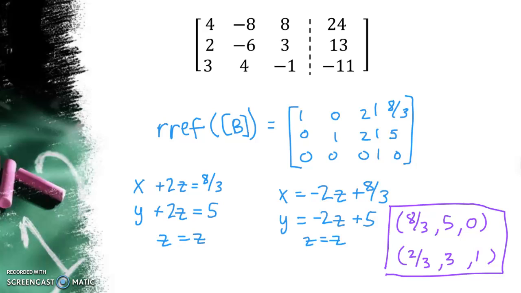That's another possible solution out of the infinite solutions that I can have. And that is how we can not only find the reduced row echelon form of a 3x4 matrix, but we can also find solutions out of an infinite solution system of equations.